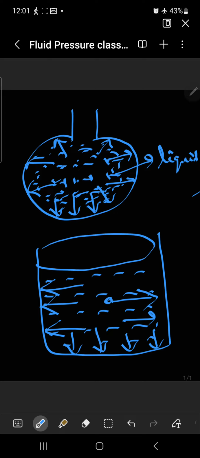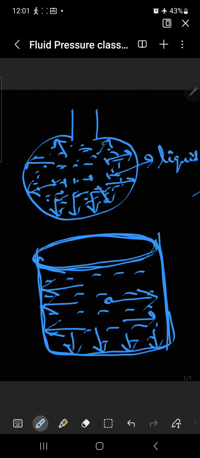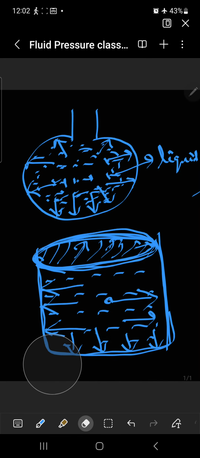And because it's a cylindrical figure with a circular cross sectional area in which the fluid is filled, it will exert pressure on all the sides of the vessel. Okay. Now what happens when you fill up fluid in a vessel?